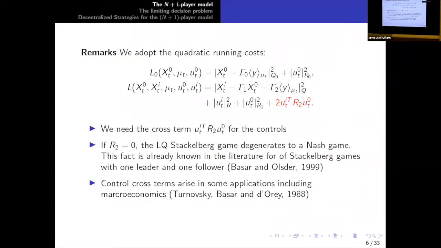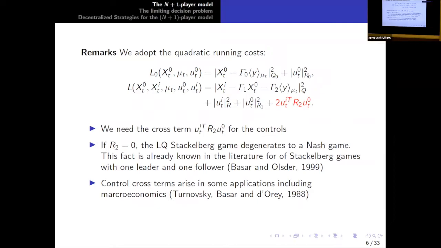A few remarks about the structure of our cost. Here we need this cross term. If the weight matrix R2 is equal to 0, then leadership will disappear.